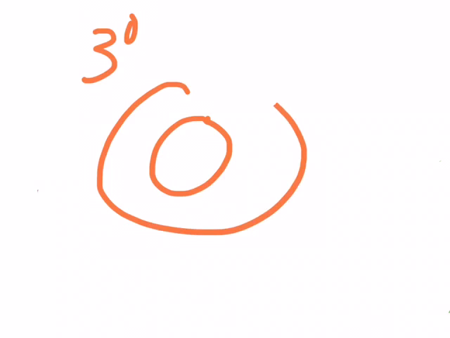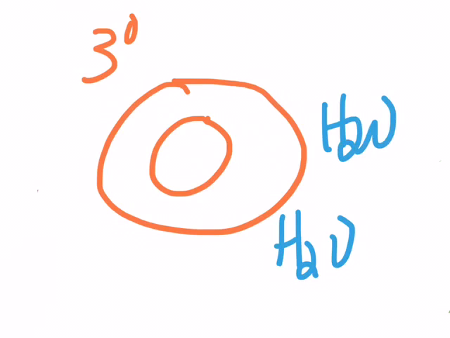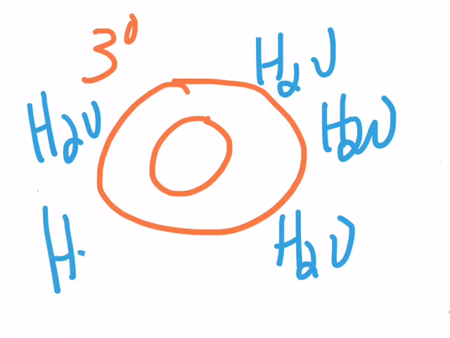So if we draw a globular protein, we'll have our H2O molecules. These are going to be on the outside. And then our hydrophobic region is going to be right here in the middle.